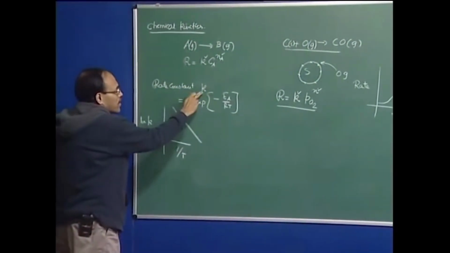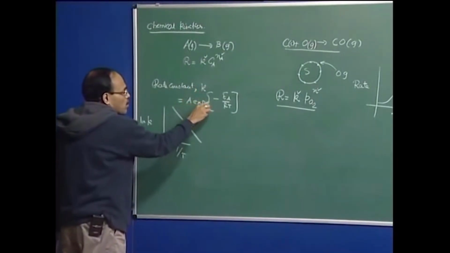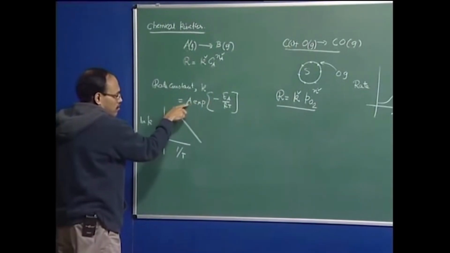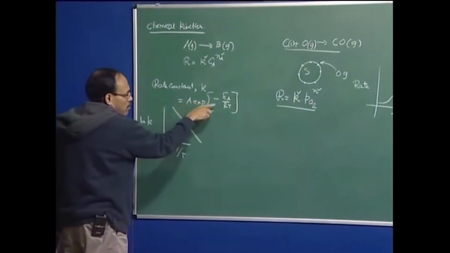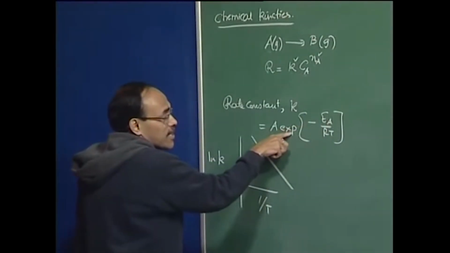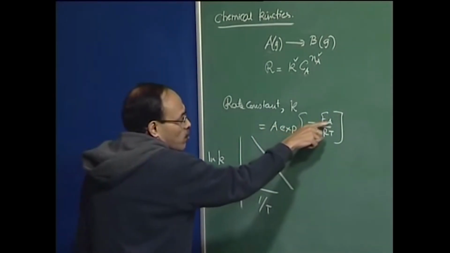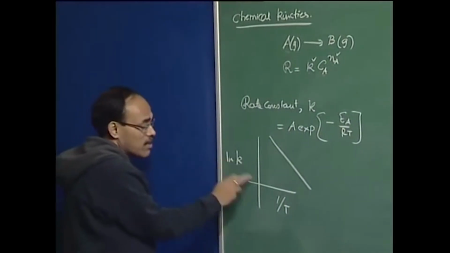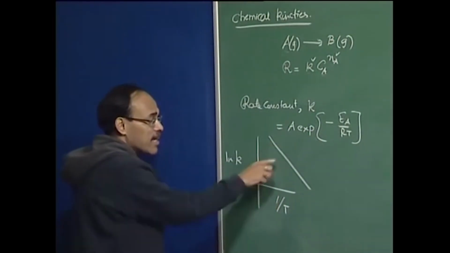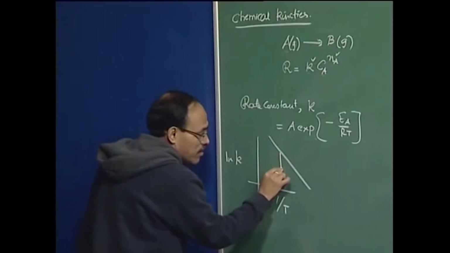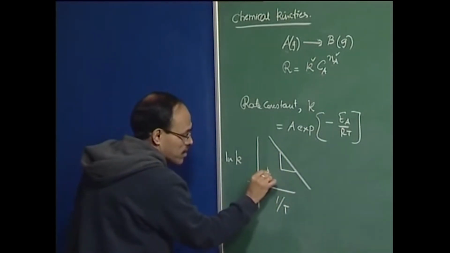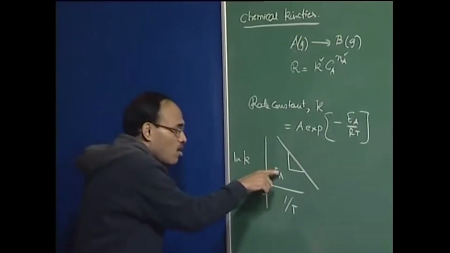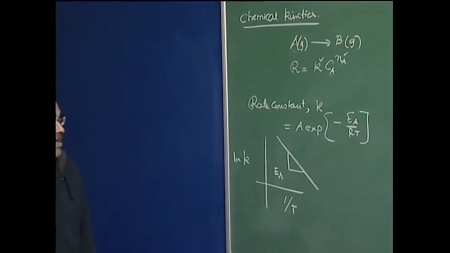So, rate constant k is equal to A exponential of minus E_a by RT. So, ln k is equal to ln A minus E_a by RT, which essentially tells us that if you plot ln k versus 1 by T, you should get a straight line, and the slope of the straight line is a measure of E_a. I am not saying it is equal to E_a, it is a measure of E_a, or the activation energy of the process.